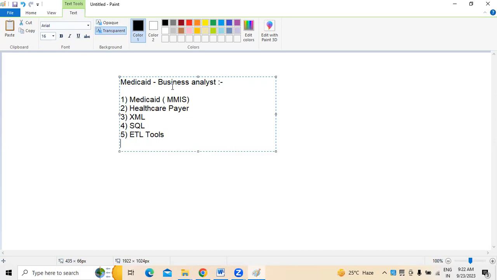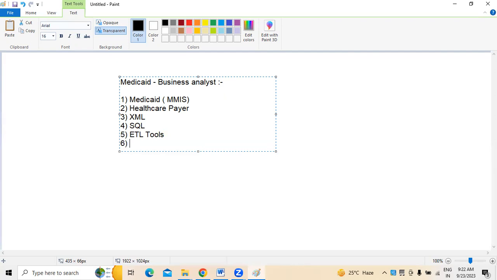Extracting as well as transforming and loading the data, those tools and all. So that knowledge is also required. Along with this, we need to have knowledge over retrieving, viewing, and analyzing the data. Because of course, using these ETL tools and SQL, we can retrieve, view, and analyze the data. So that is also required here.